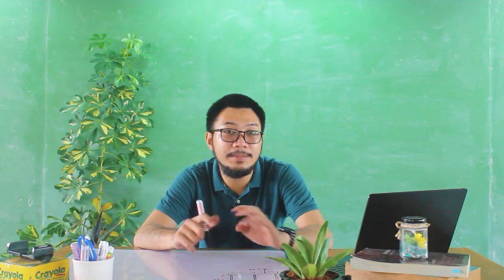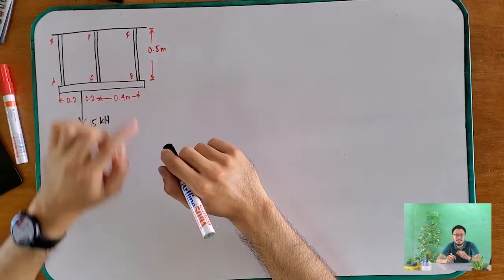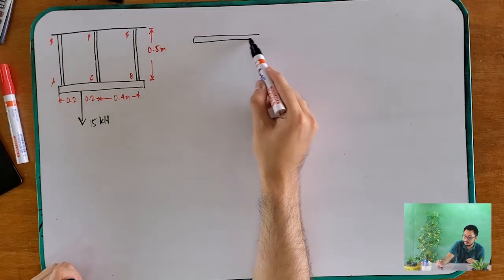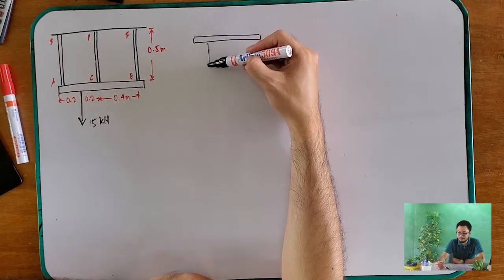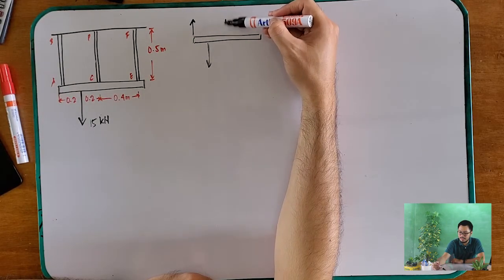So what we need to find are the forces at AB, CD, and EF. What we will do is use the three equilibrium equations. So let's make a free body diagram. This is your free body diagram, and I know the direction of our forces is like this. It holds up our 15 kilonewtons.